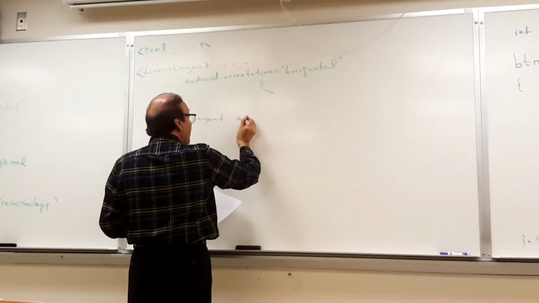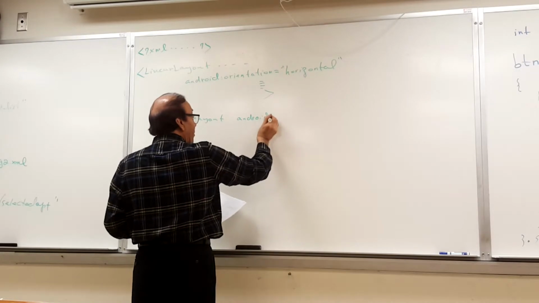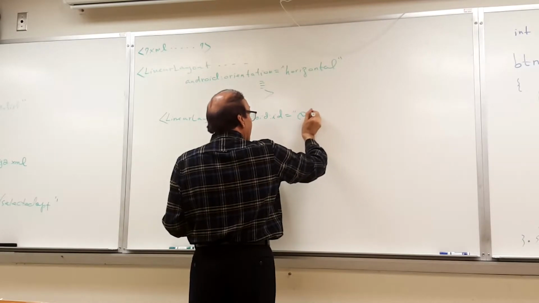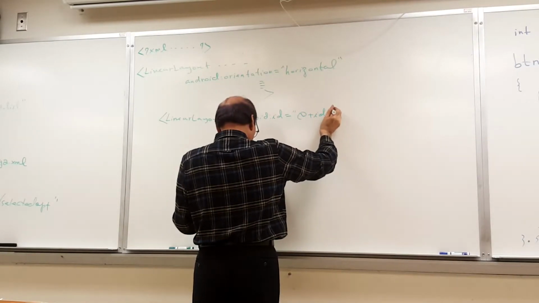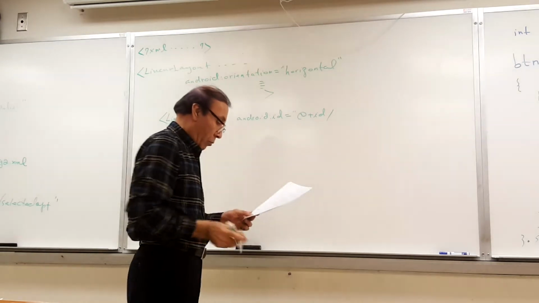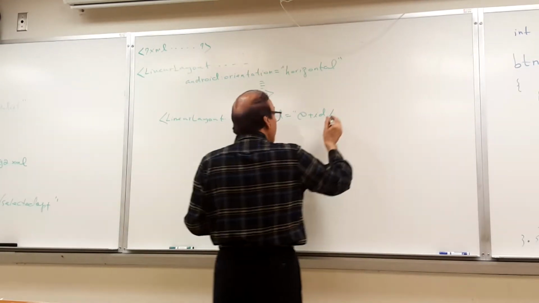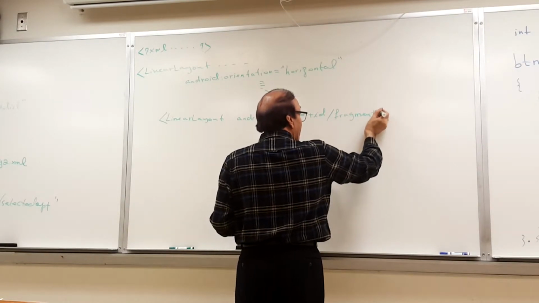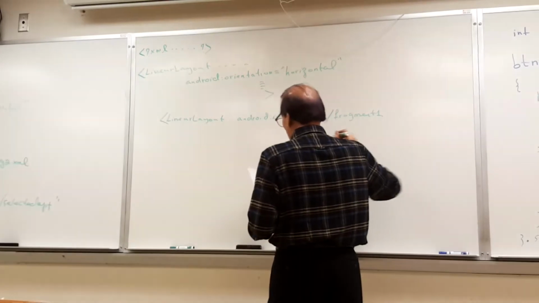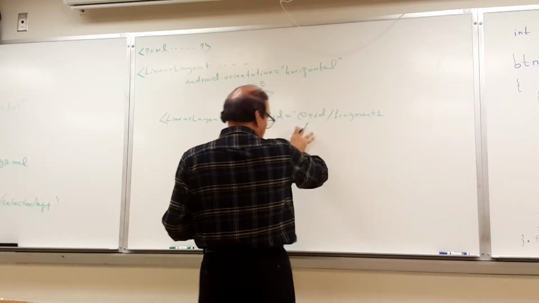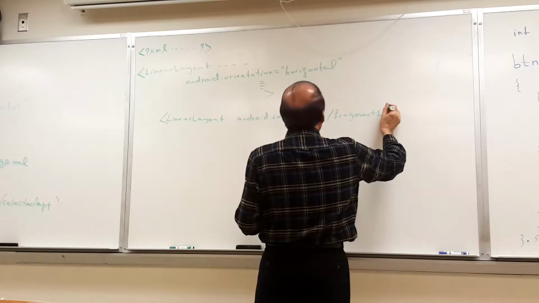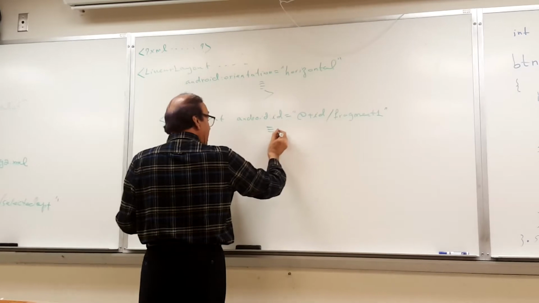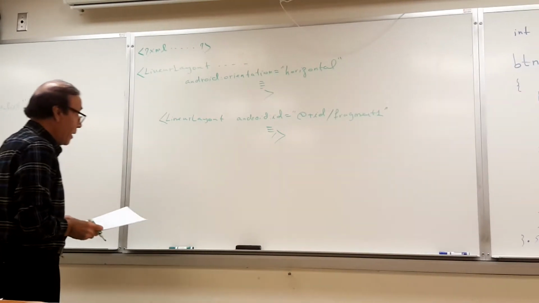Android ID we call at plus ID, call it fragment1. Because it's going to take care of the first fragment. Okay. And some other attributes, and finally let's close this linear layout.